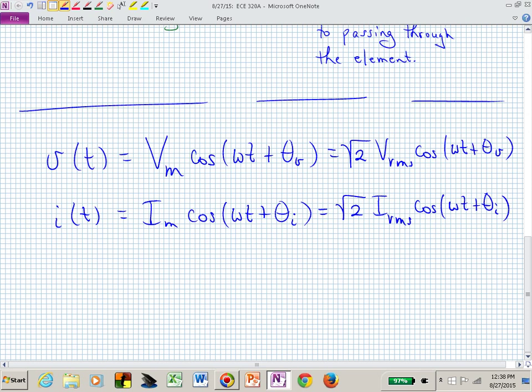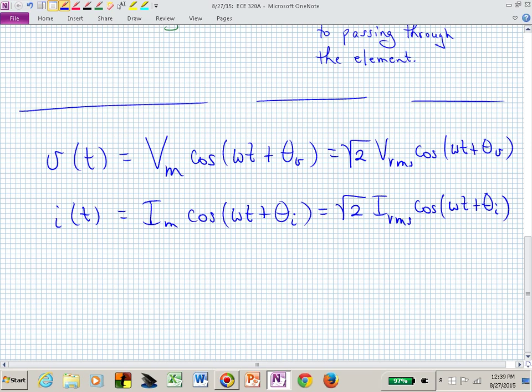It will actually be easier if these waveforms are sinusoidal and we've started them out both as cosines. If one was a sine, we could change it into a cosine.